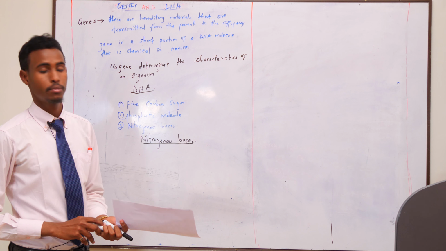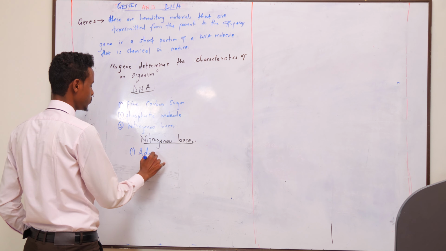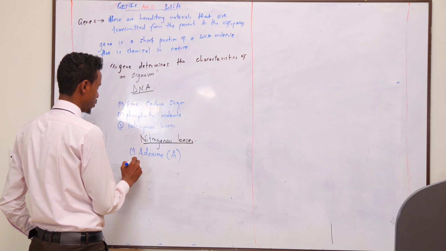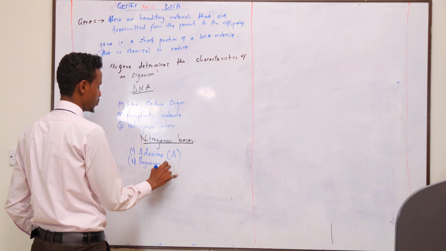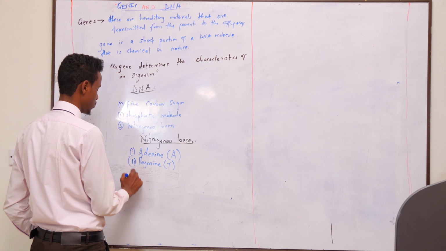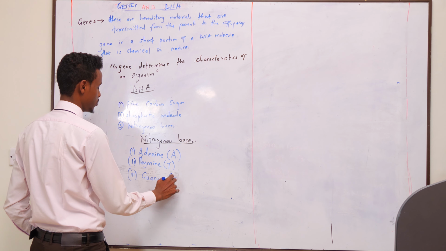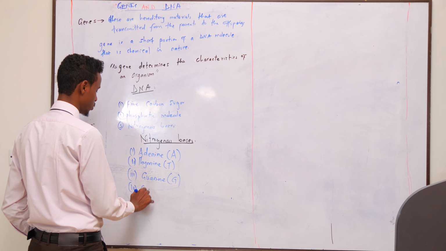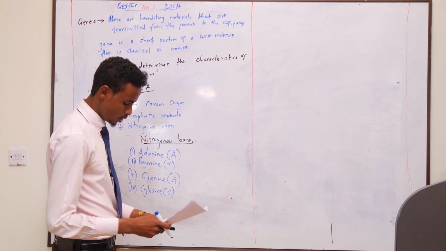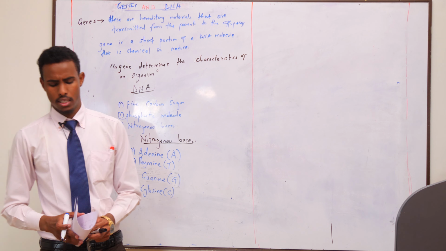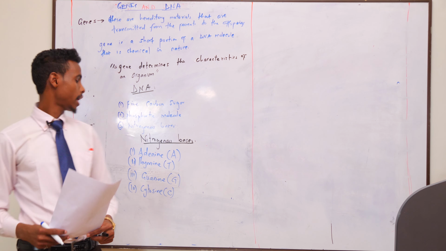Number 1, we have the adenine, A. Number 2, you have the thymine, T. Number 3, you have the guanine, G. And lastly you have cytosine, C. Class, we said the nitrogenous bases are composed of the adenine, the guanine, thymine, and the cytosine.